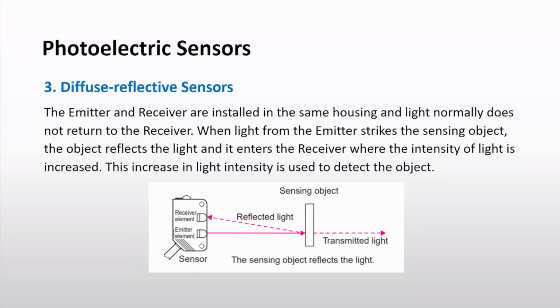So normally in the diffuse reflective sensor, it uses the diffusion to detect the presence of an object. See how.